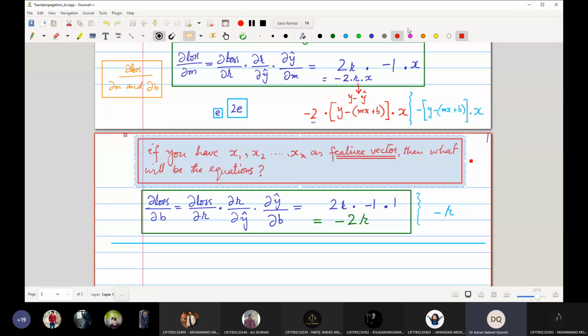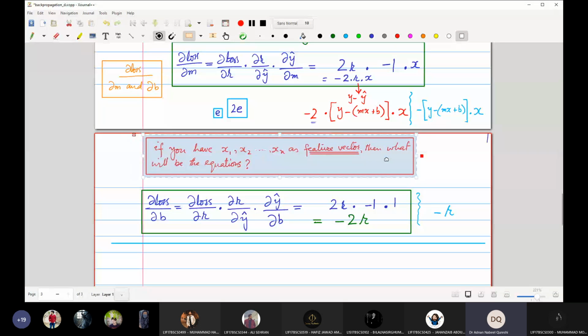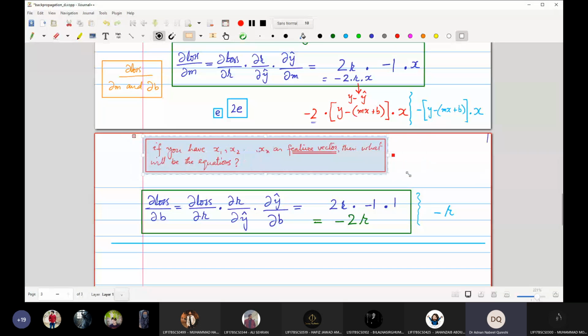So this is the question given to you in red color, और ये आपका न्यू ईयर गिफ्ट है. Just read about it and try to come up with a plausible answer as soon as you can.